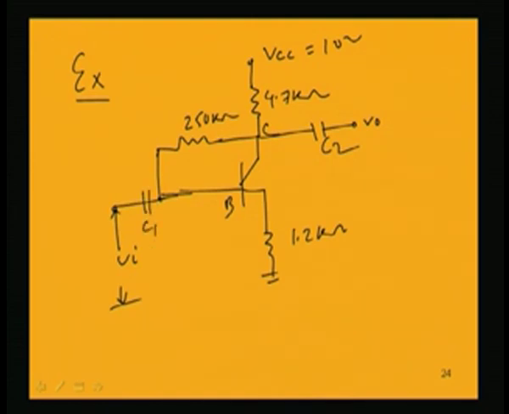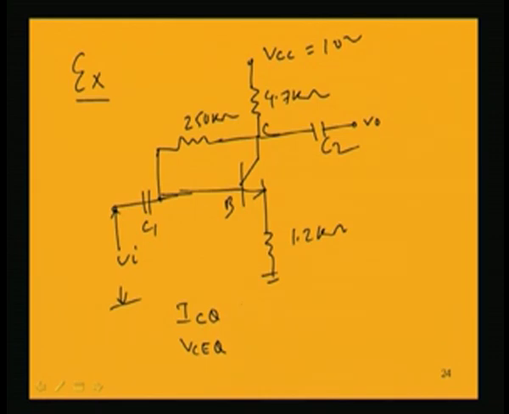Now, if we consider the DC circuit, then the capacitors will be removed. So we can find out ICQ and VCEQ, which are the values of IC and VCE for the operating point.